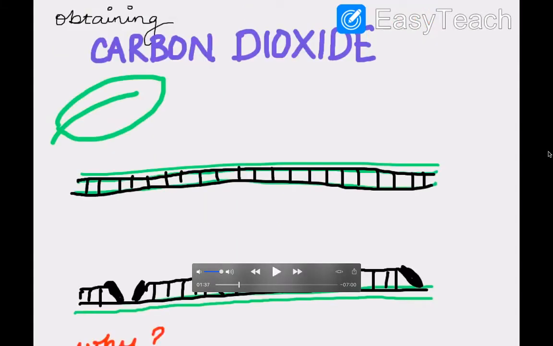Let's first look at carbon dioxide. How does the plant obtain carbon dioxide? So I've started off drawing this picture here, and I want to go through it with you in a lot more detail. If I were to cut a leaf, I can see within the cross section, it looks a little bit like this.